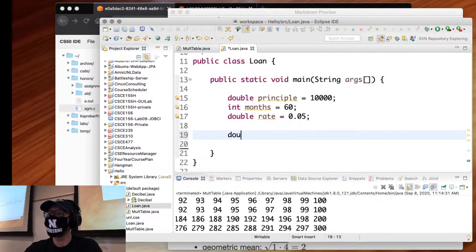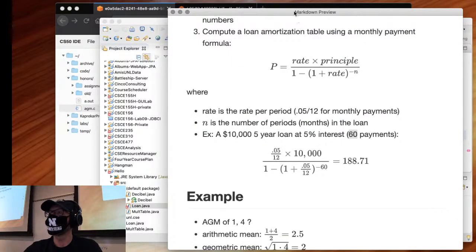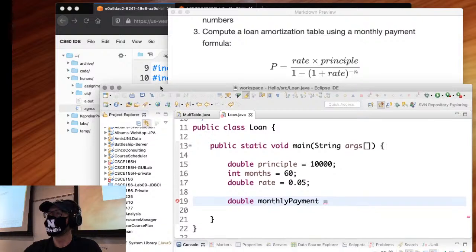So I want my monthly payment, double monthly payment, and it's going to be according to this formula over here. Right? So I'll put that above, and let's go ahead and codify that. Well, that's just the rate divided by months, in this case 60, times the principal.